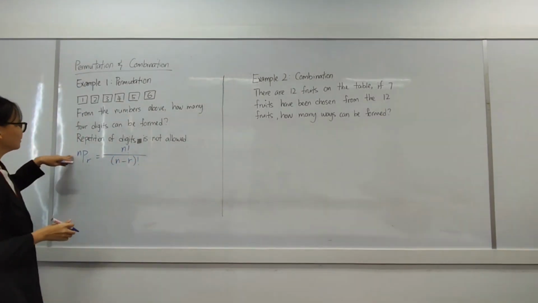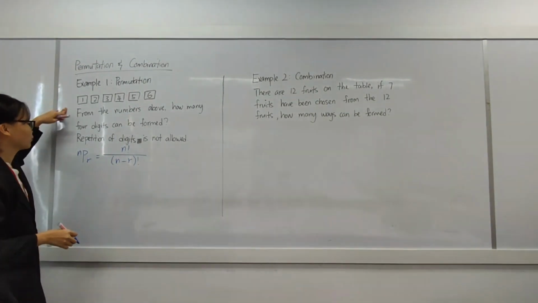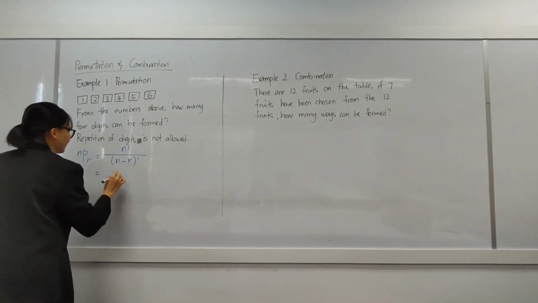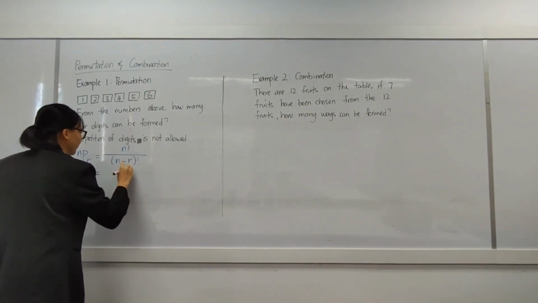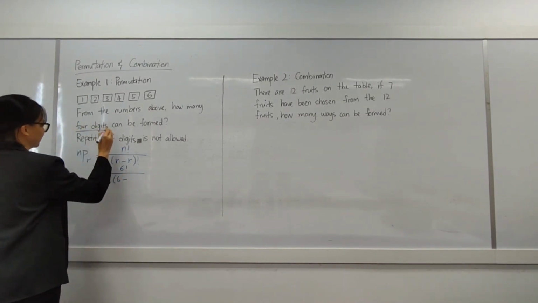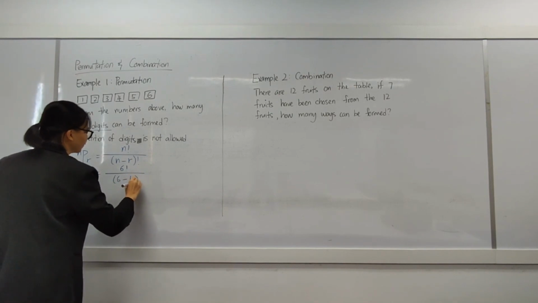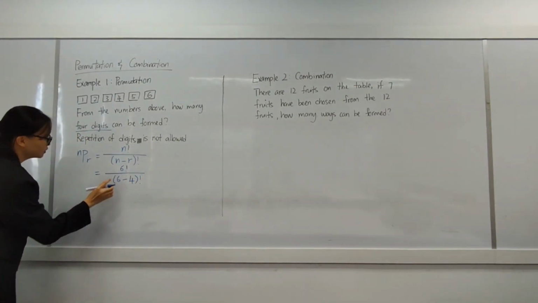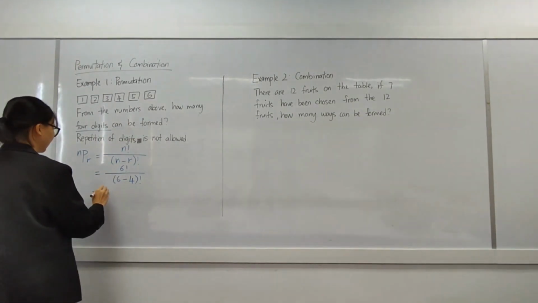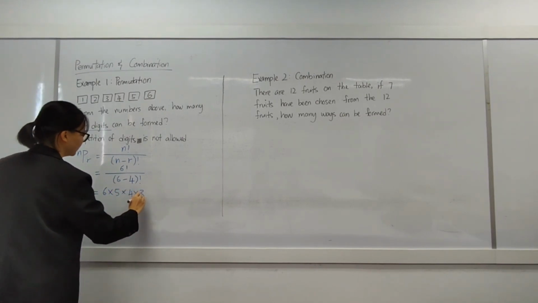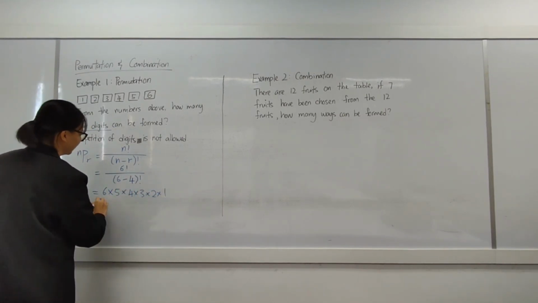So n, what is the total number in this question? It is 6. So 6 factorial over (6 minus 4) factorial. So 6 factorial will be expanded like this: 6 multiplied by 5 multiplied by 4 multiplied by 3 multiplied by 2 multiplied by 1.